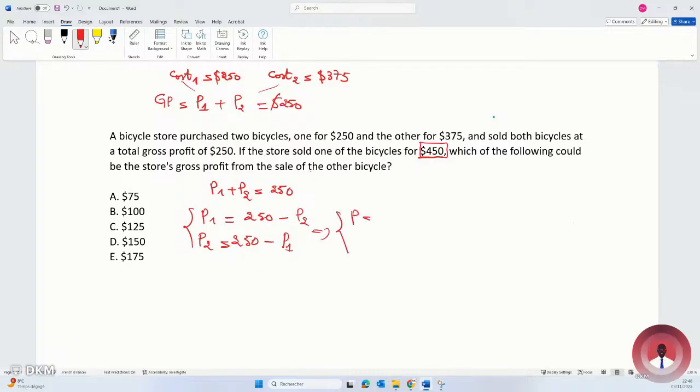We know that the formula to find a profit is revenue minus cost.